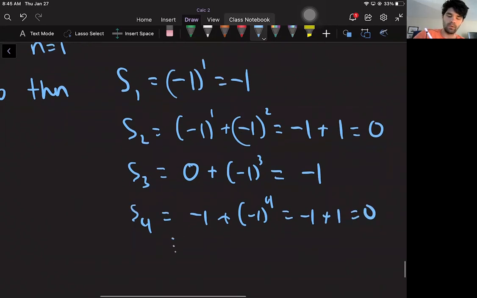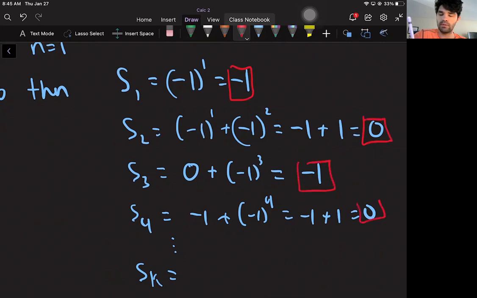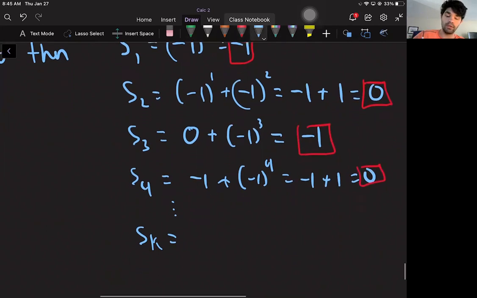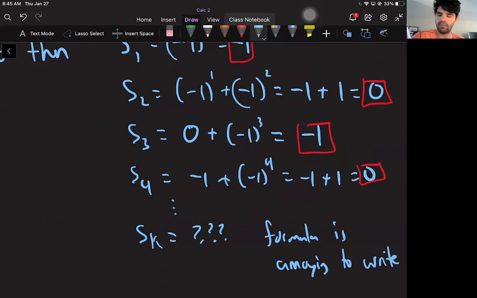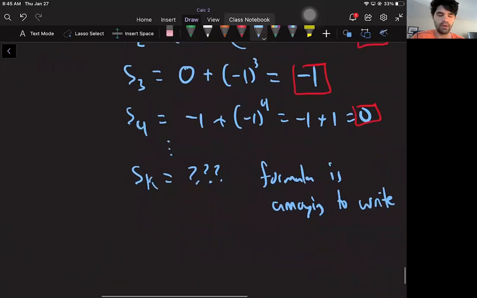So SK, we don't really have a formula for, but it's going to be one of two things. It's either going to be -1 or it's going to be 0, because that's what the sequence is doing. So a formula for it is sort of annoying to write. You could write like a piecewise function or something.